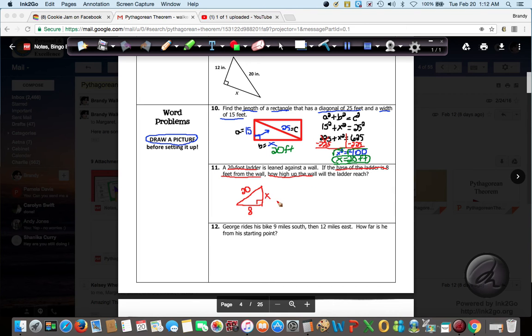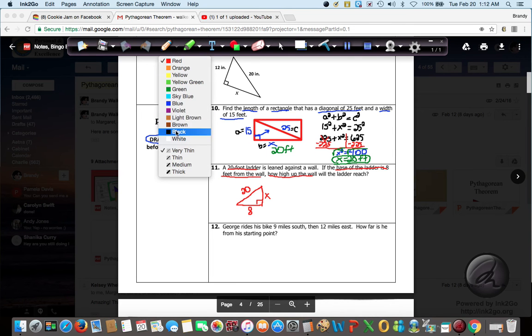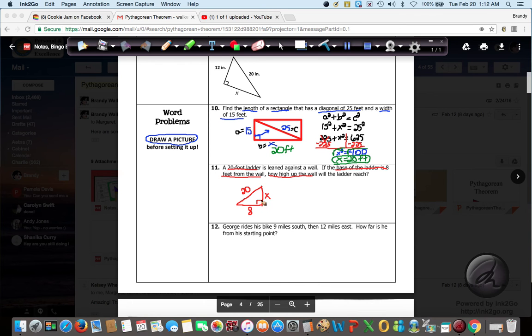So this is your X. You need to make sure that you go ahead and mark your arrow. So once we have it labeled from the numbers given, you should be given 2 numbers and then the question tells you what you're looking for. You want to draw your arrow because that will help you label side C. The most important side to label is side C. Then you can go and you can label side A and side B. Again, it doesn't matter which is which.